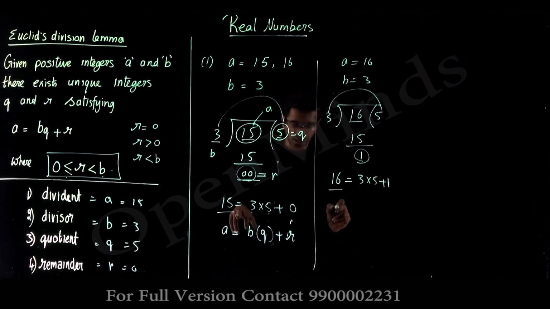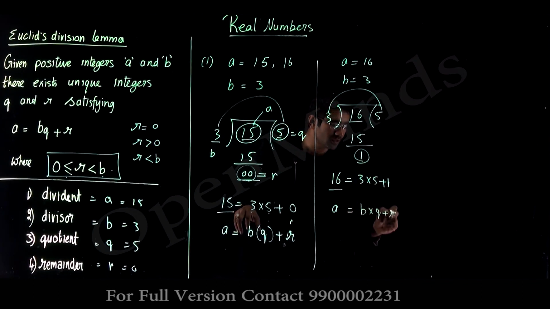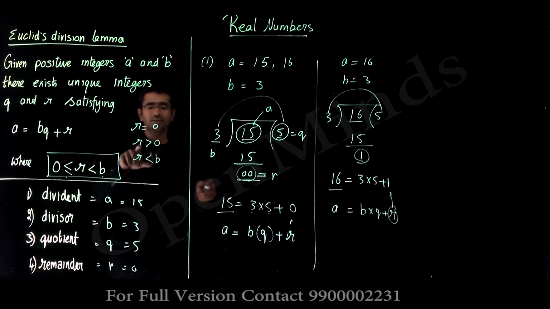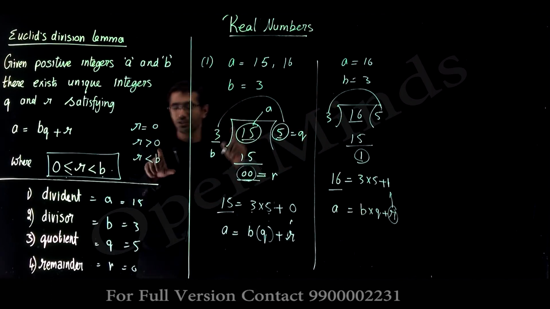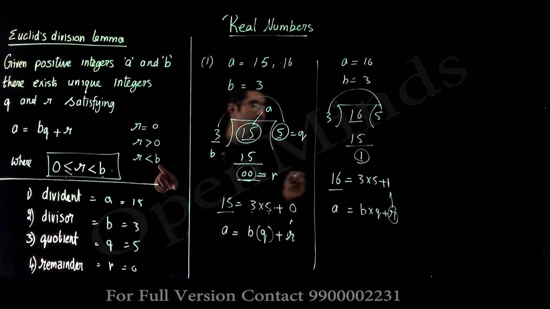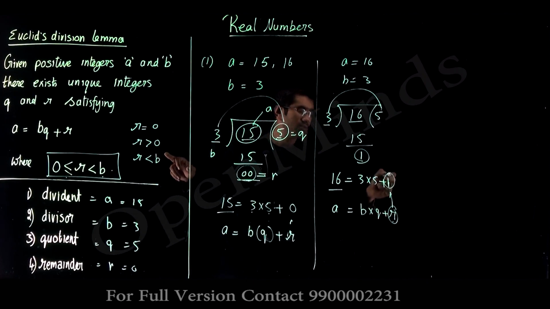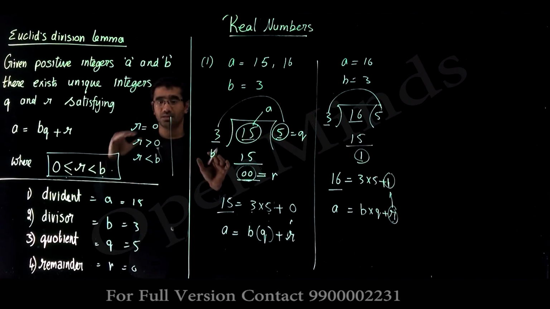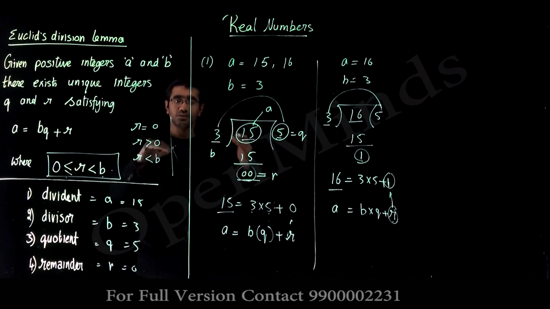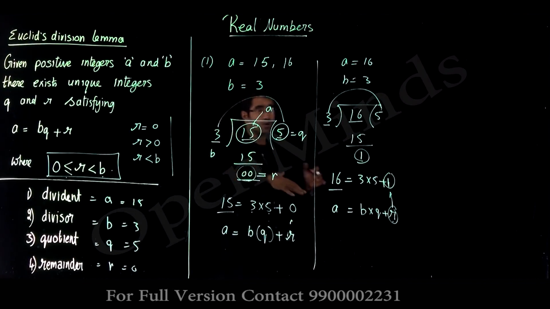That is a, which is b times q plus r. Now see what happens to r. r is 1. Can I say r is greater than 0? Yes, it is. But r should also be less than b. b is 3, so r is 1, which is greater than 0 and less than 3. Makes sense to me. So r can be 0, it can be more than 0, but it has to be less than b. We'll talk about this as we go ahead.